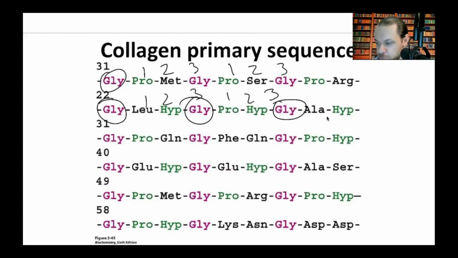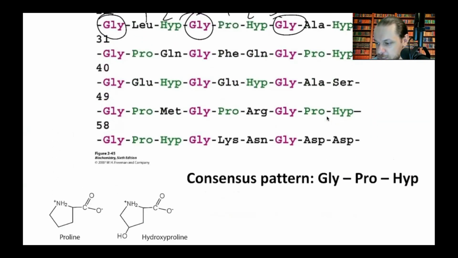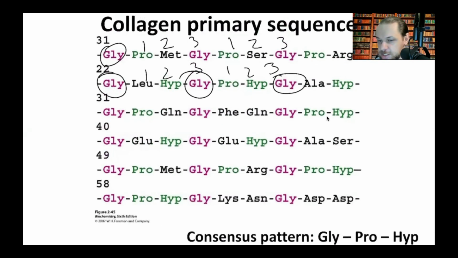They looked at the primary sequence and asked, how come? What's so special about it? The specialty of glycine is that its side chain is very small. The glycine R group is only hydrogen.